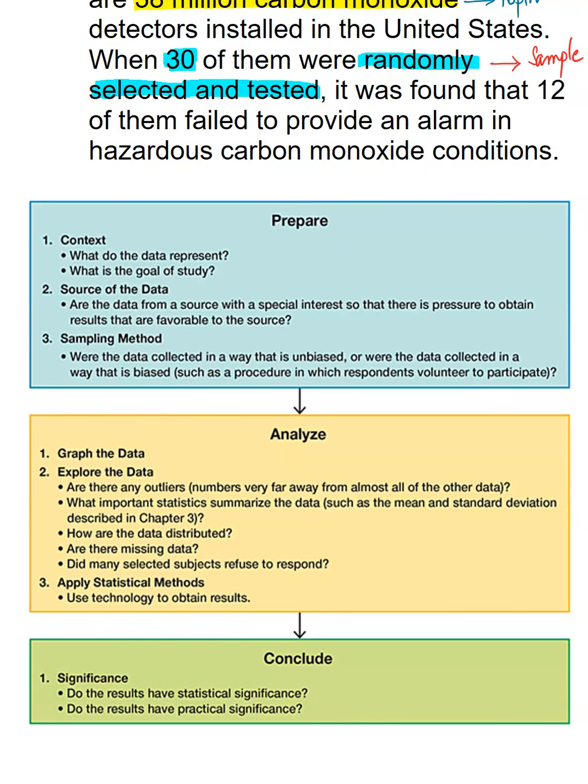And did the subjects who were selected in that random selection refuse to participate? If that happened, then did it reduce the number of participants to a point where the sample size was really too small, and so on? And then, of course, there are a lot of statistical techniques and methodology. Technology can help you with that.